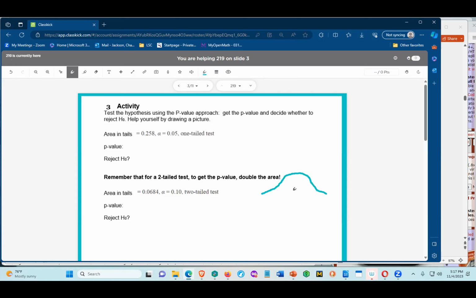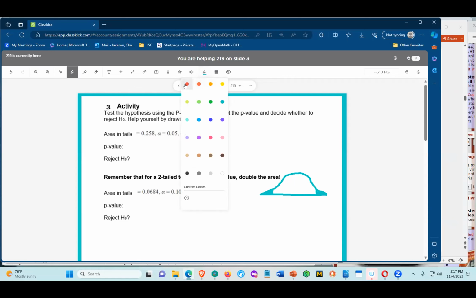It's a two-tailed test, so there's probability in both tails that add to 0.0684. Now, it could be that part of the difficulty in understanding this was how do you relate area and tails to p-value? Well, in a one-tailed test, they're exactly the same.